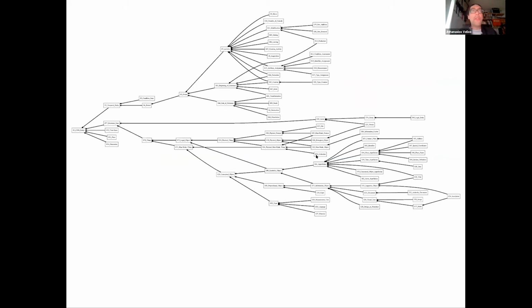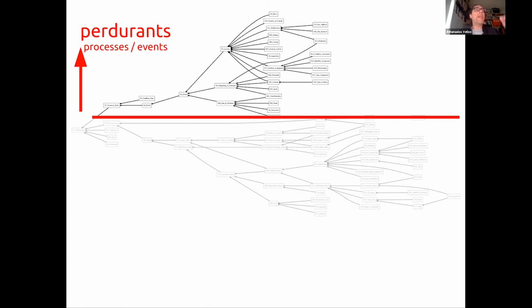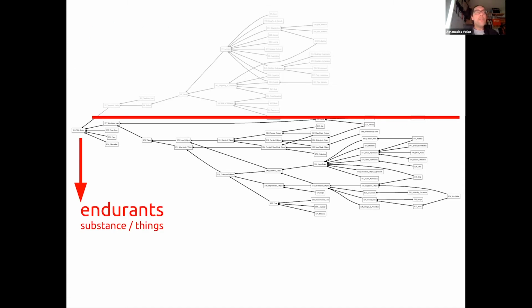The first big break in this hierarchy is between the so-called perdurants, so the processes, events, things that happen over time, things that I can only capture if I use a video camera, something where I capture time, an event, and the endurants, things that remain fairly stable over their lifetime.